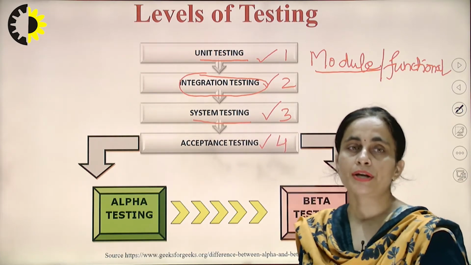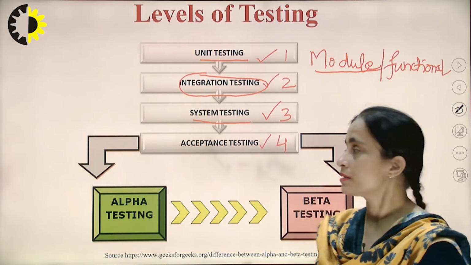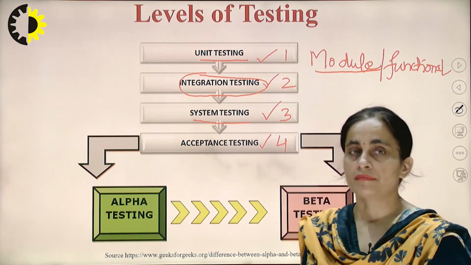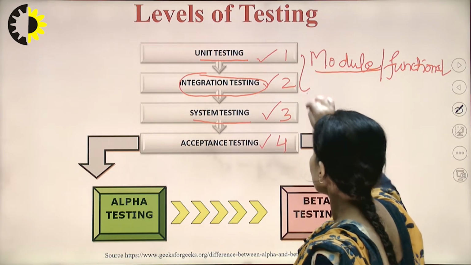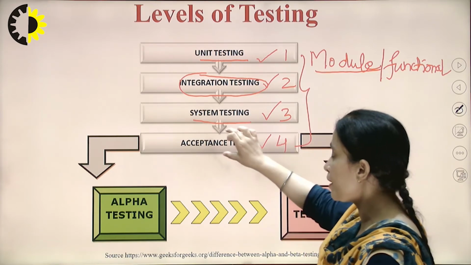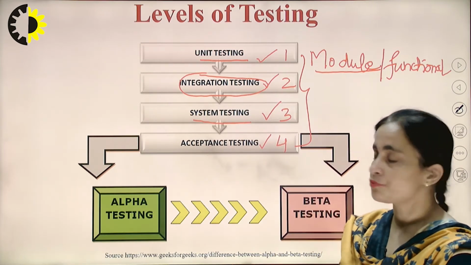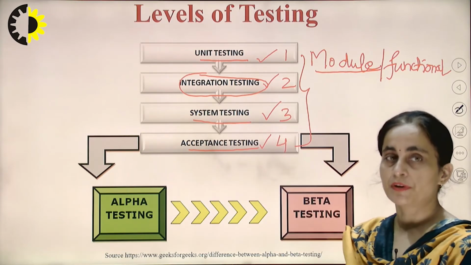When all the modules are integrated and I import the libraries, how my system behaves is known as system testing. All these tests are done at the developer side. After system testing is successful, we proceed to the fourth level, acceptance testing.